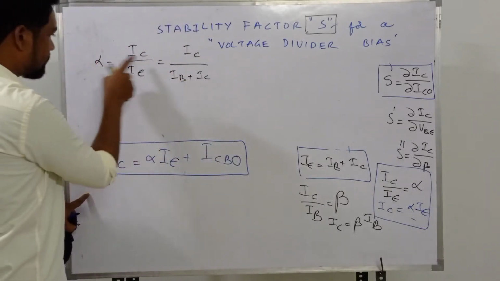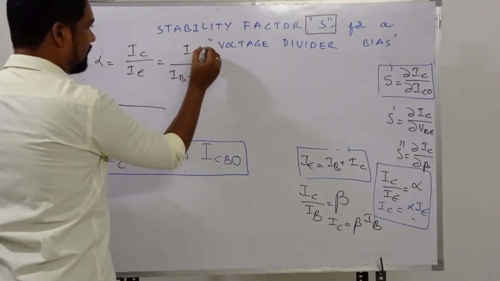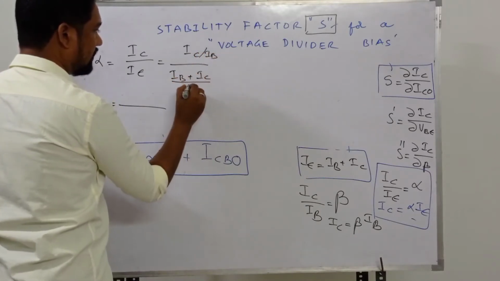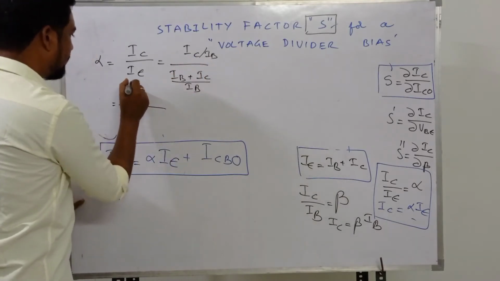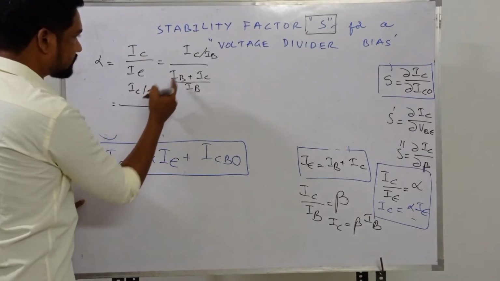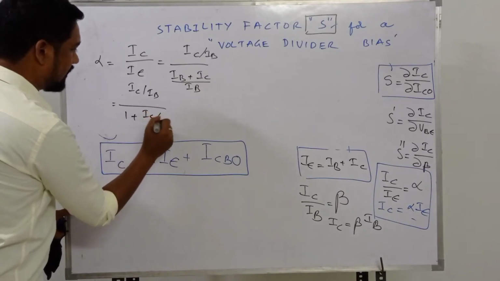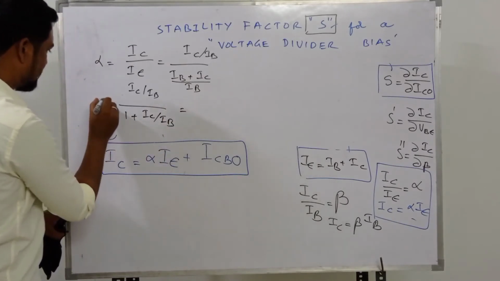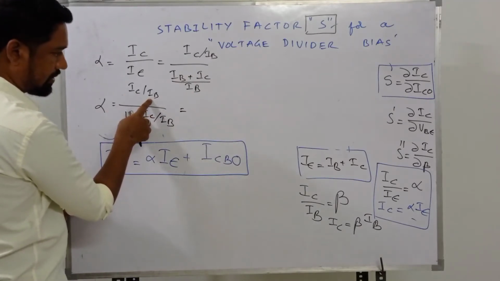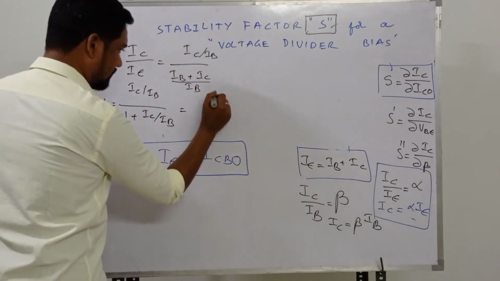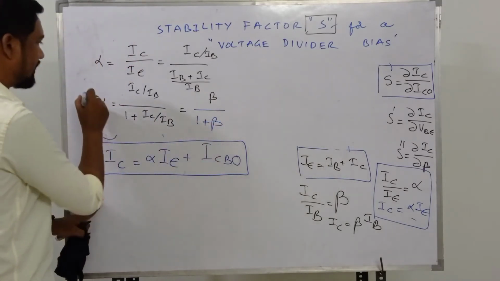When we need alpha in terms of beta, we need to go for this ratio. So how? Divide by IB, whole by IB. This gives us IC by IB in the numerator, and 1 plus IC by IB in the denominator, which is equal to, on the LHS, alpha. IC by IB is another important ratio, the current gain, beta. So alpha is equal to beta by 1 plus beta, the relationship between alpha and beta.